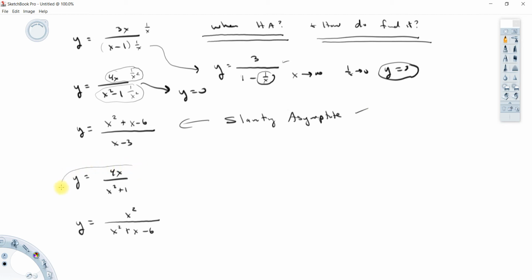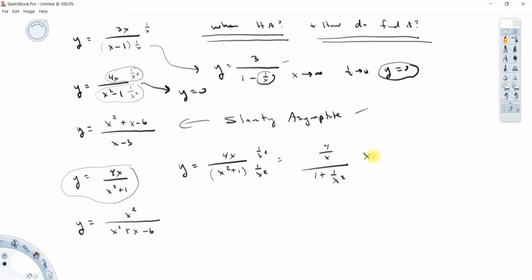We're going to take a look at this one right here. Okay, first order up top, second order in the bottom. I'm going to go ahead and use that little trick here. If you take this 4x over x squared plus 1 and we multiply the top by 1 over x squared and the bottom by 1 over x squared, you get 4 over x in the numerator, 1 plus 1 over x squared in the denominator.